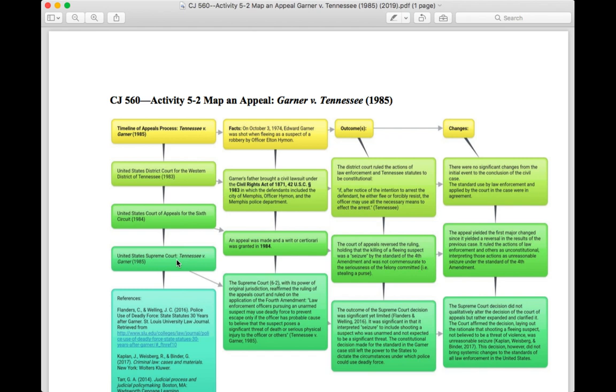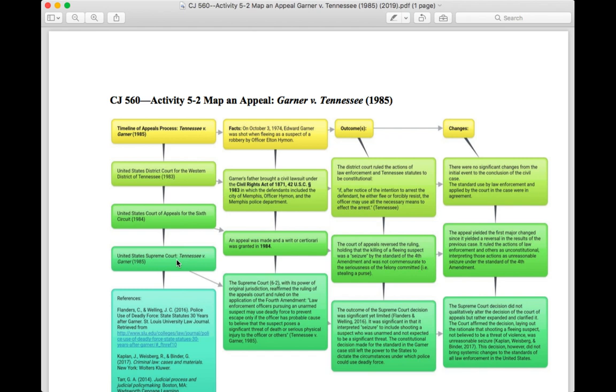reaffirmed the ruling of the appeals court and ruled on the application of the Fourth Amendment, stating that law enforcement officers pursuing an unarmed suspect may use deadly force to prevent escape only if the officer has probable cause to believe that a suspect poses a significant threat of death or serious physical injury to the officer or others.